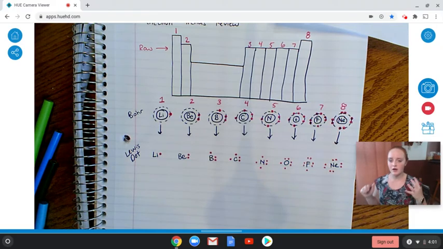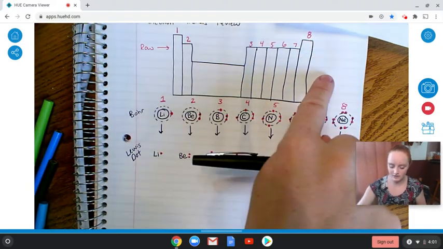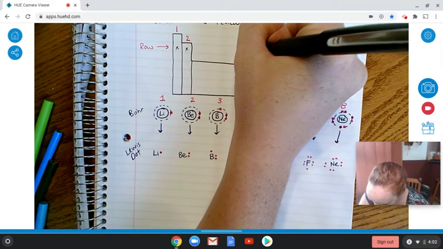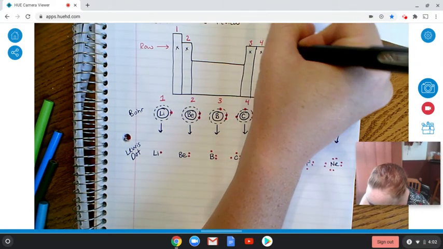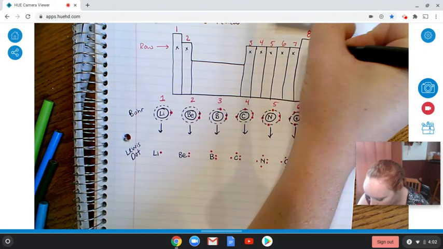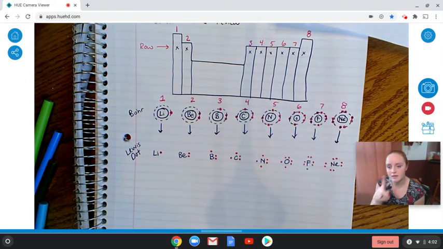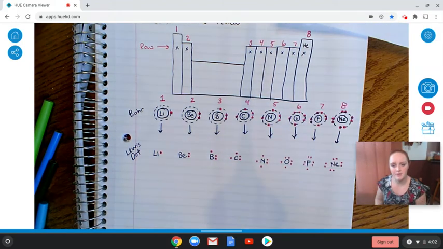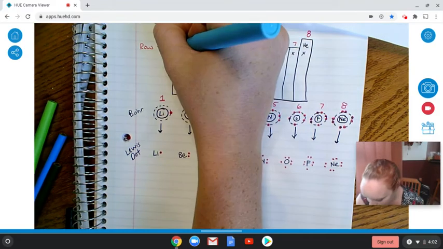So I want us to draw a general valence structure in each of our columns. So put a little X going across row 2. We're going to draw example Lewis dots. Now, helium is special, so do put a little He up in that corner because I do want to denote what helium looks like.